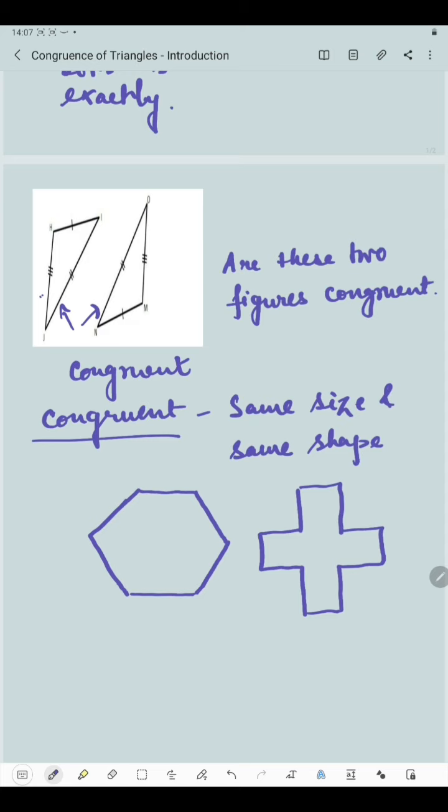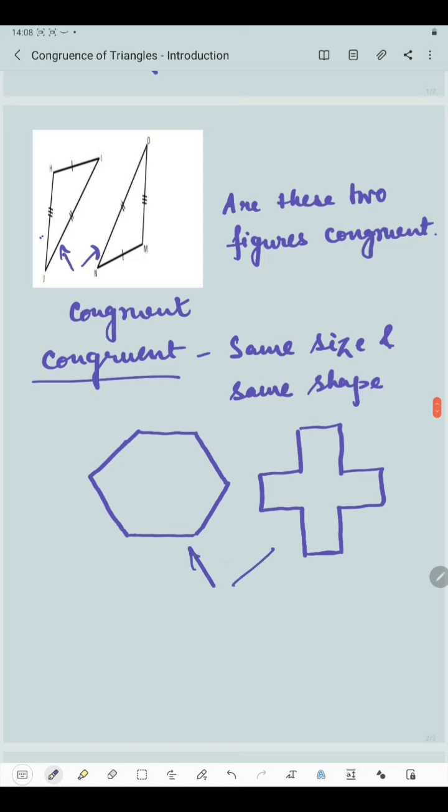So these two shapes are completely different, right? These two figures are completely different. So we can easily say that these two are not congruent because their shape is completely different. Congruency says that they should have the same size and same shape.